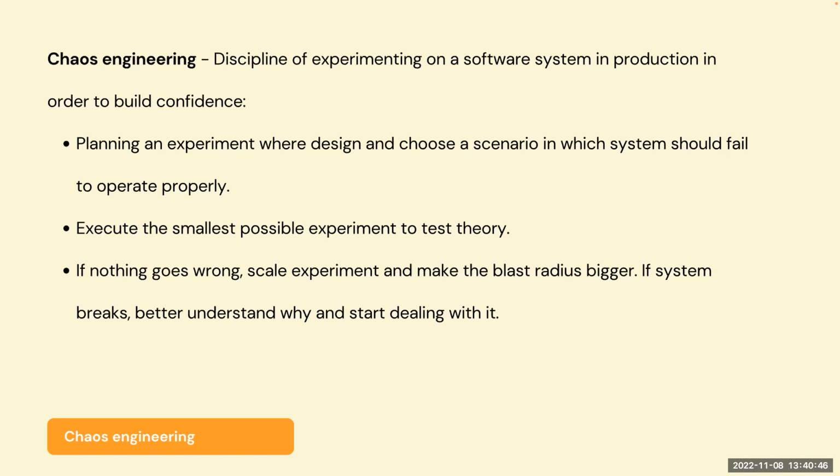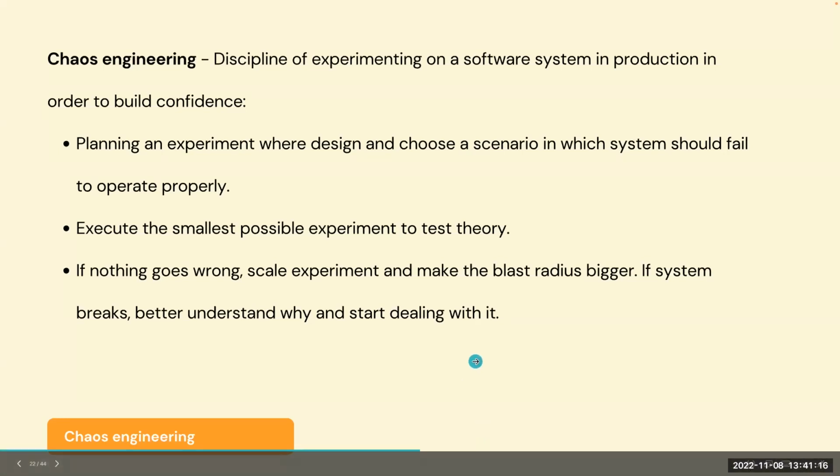First, you have to plan an experiment and choose some use cases or scenarios where you're going to do it, and then you can execute and just see how your system behaves. You can do it in production, but it's better to do it in lower environments first, get a better understanding, have a playbook in place, and then just follow that and deal with it.